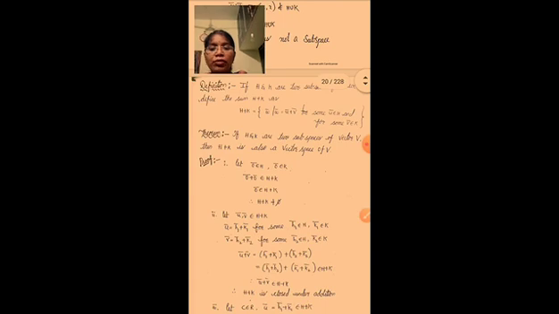That is, H, K are two subspaces of V. We define the sum of two subspaces, that is H plus K is equal to w bar such that w bar is equal to u bar plus v bar, u bar belongs to H and v bar belongs to K. This is the definition of the sum of two subspaces.